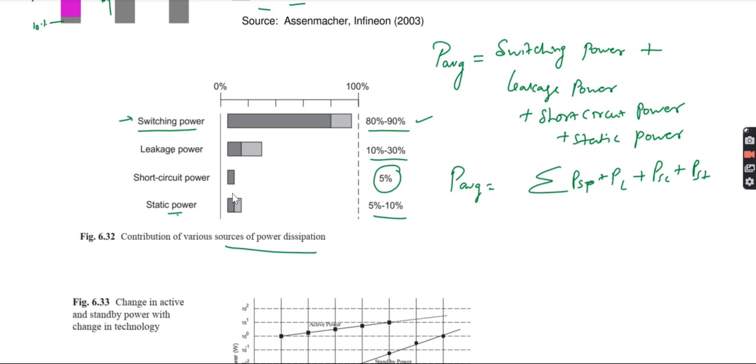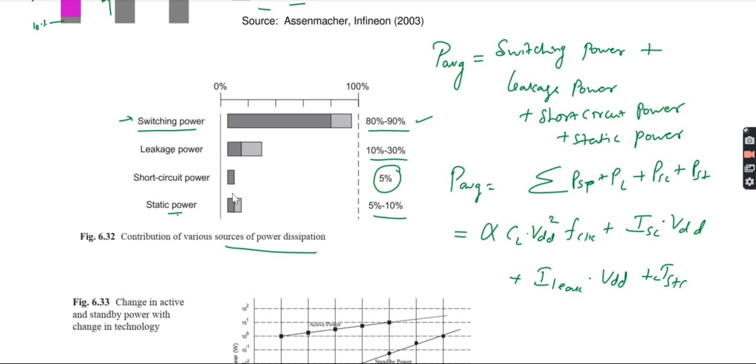For switching, it will be alpha C_L into V_DD squared into F clock. This will be your switching power. Then for the short circuit power, I_SC into V_DD. Then the leakage power is I_leakage into V_DD, the current into V_DD. Then I_static into V_DD.